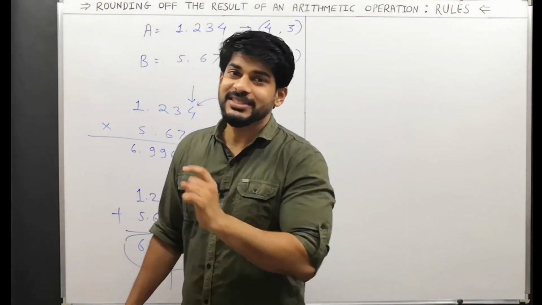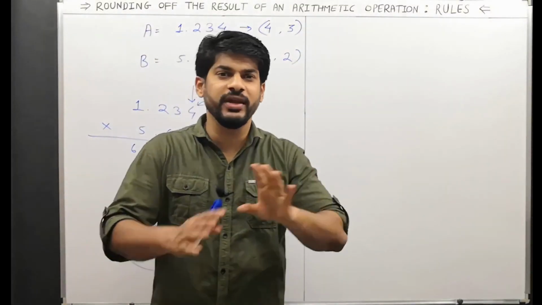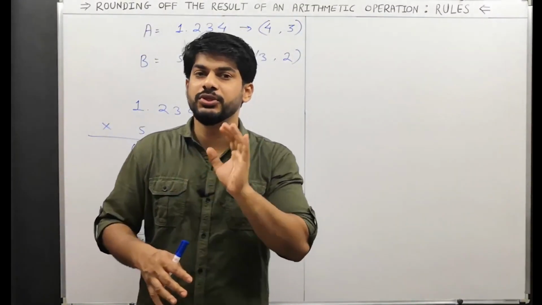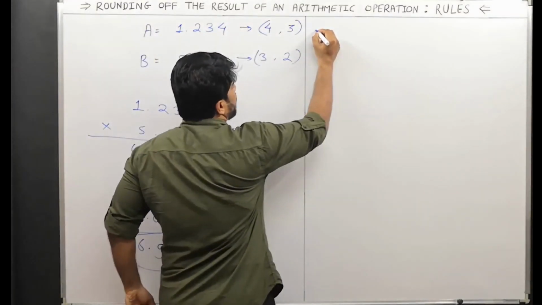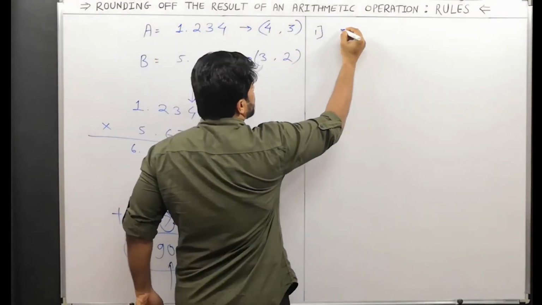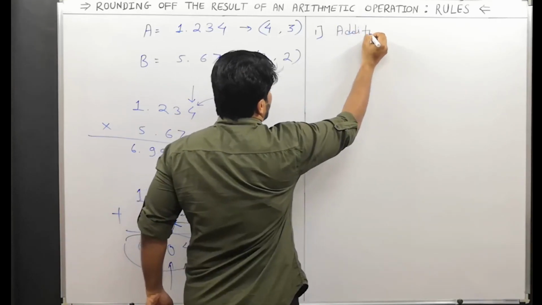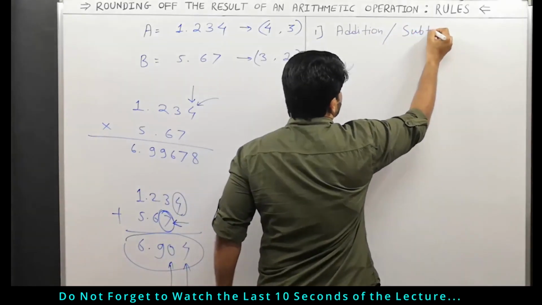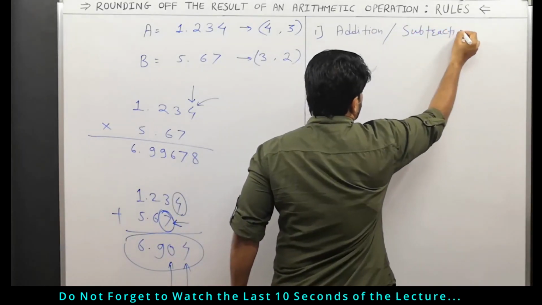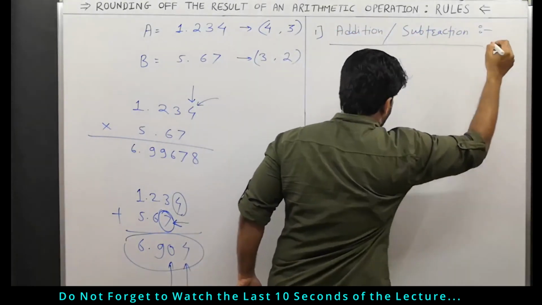So let's see what these rules are. There are only two very simple rules that you need to understand. We are going to divide this: first is the rule for addition and subtraction. For both addition and subtraction, the rule is the same.